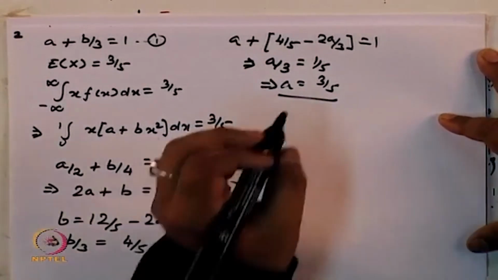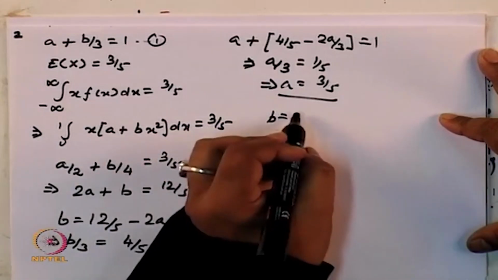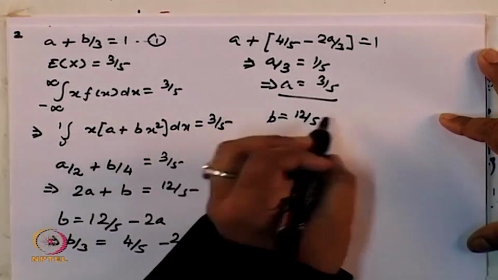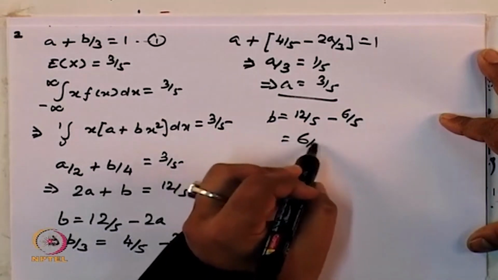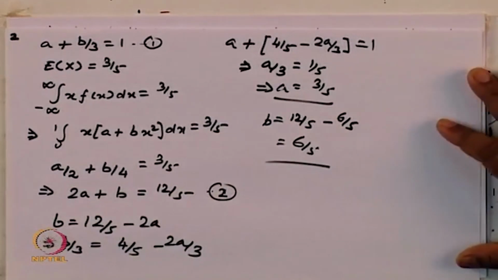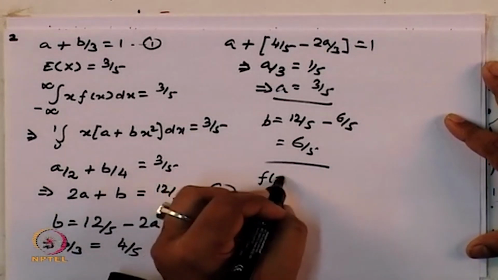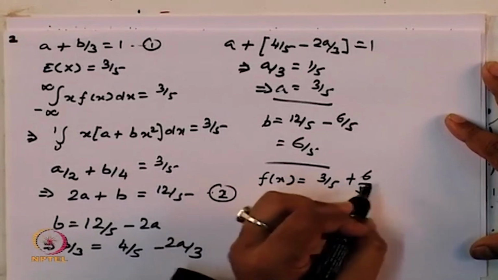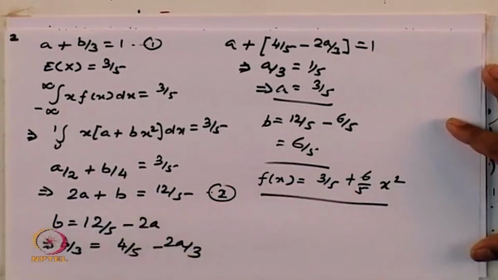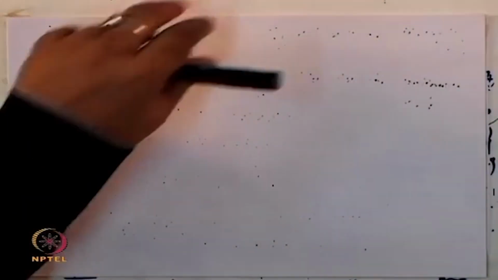So, then b becomes 6 by 5. Thus f x becomes 3 by 5 plus 6 by 5 into x square.